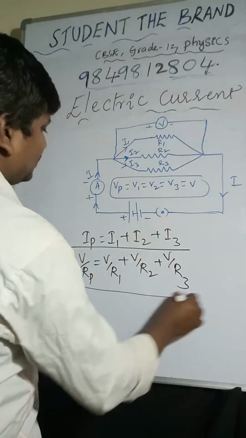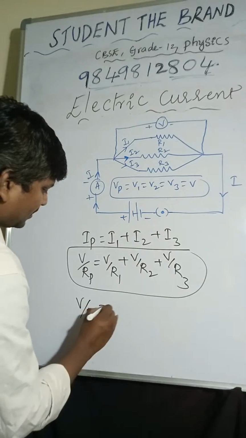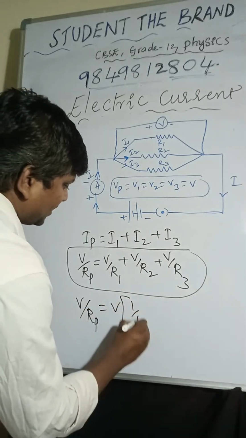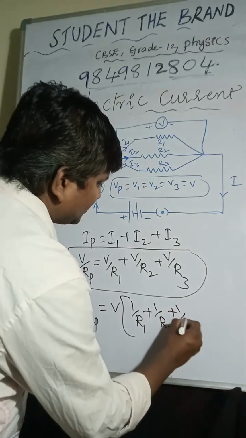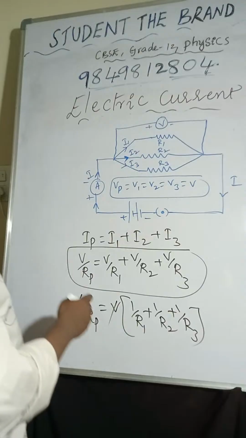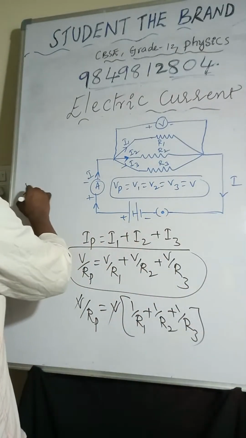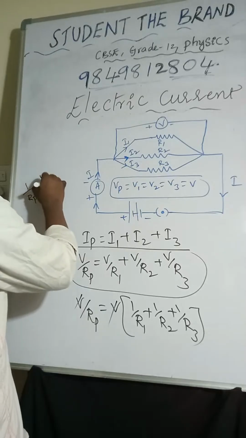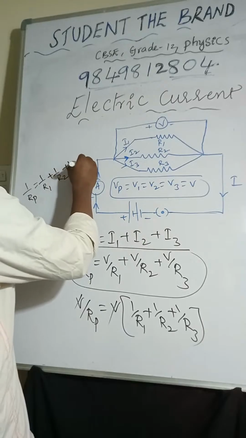So now we can take V common. V, if you take common, 1 by R1 plus 1 by R2 plus 1 by R3. So V gets cancelled. 1 by Rp equal to 1 by R1 plus 1 by R2 plus 1 by R3.